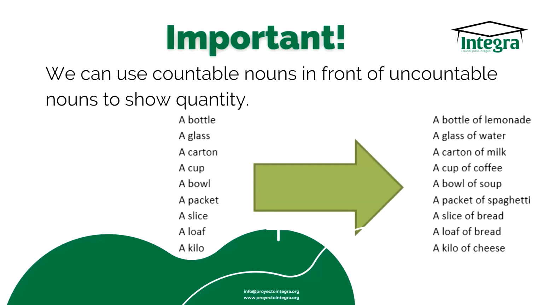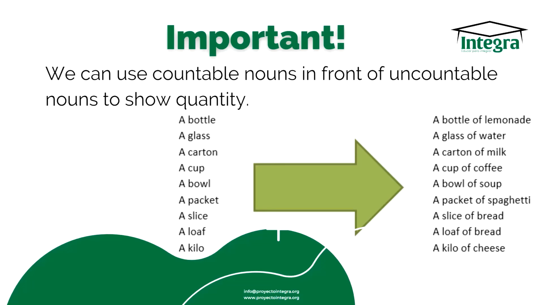It is important to remember that countable nouns can be used in front of uncountable nouns to show quantity. On the left side, you have a list of countable nouns. A bottle, a glass, a carton, a cup, a bowl, a packet, a slice, a loaf, and a kilo.